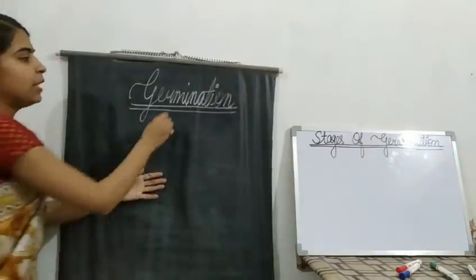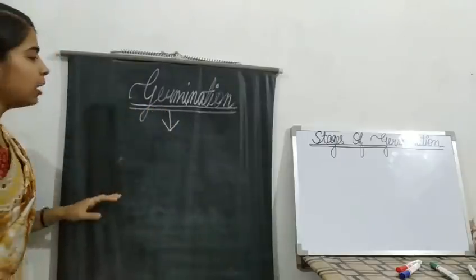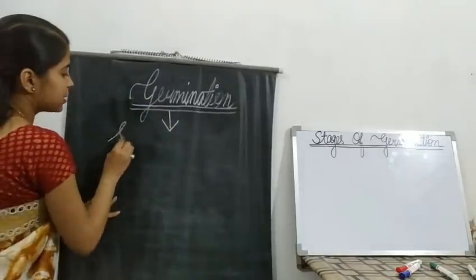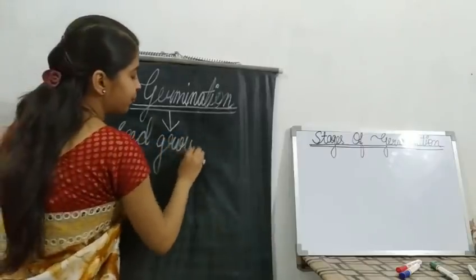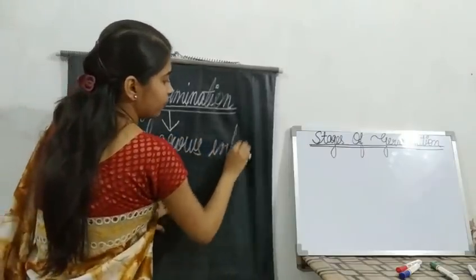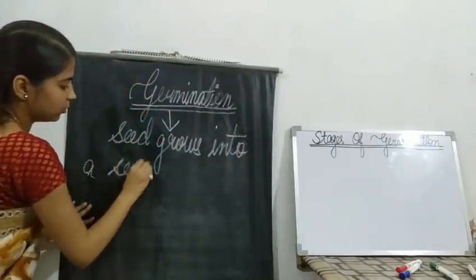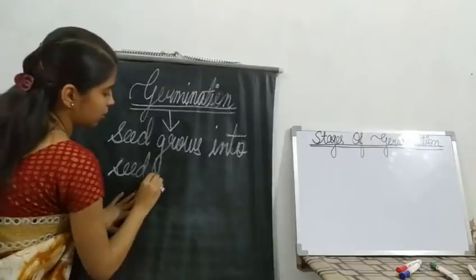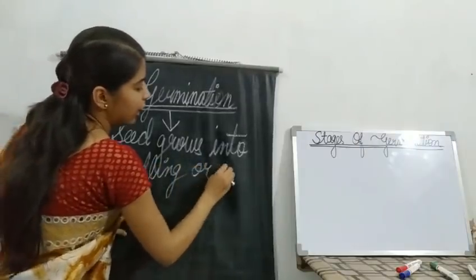So see, germination is a term in which a seed grows into a seedling or young plant.